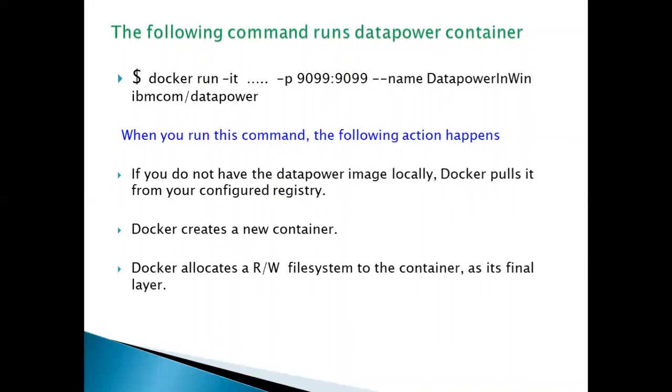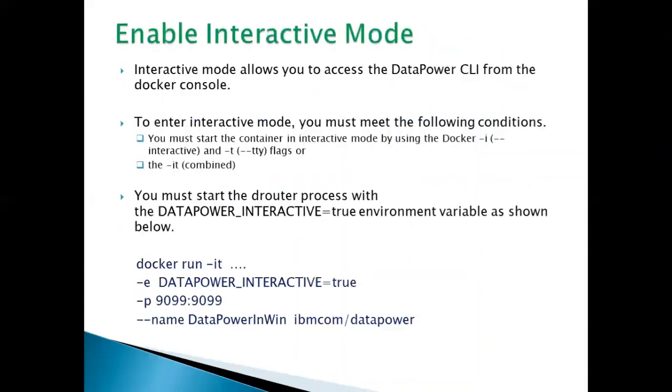What happens when you run this command? If you haven't downloaded the Datapower image, Docker pulls it from the configured registry. Then Docker creates a new container and it allocates a read-write file system to the container.